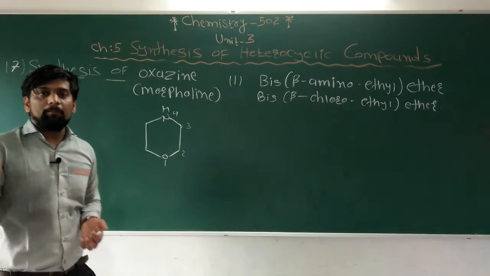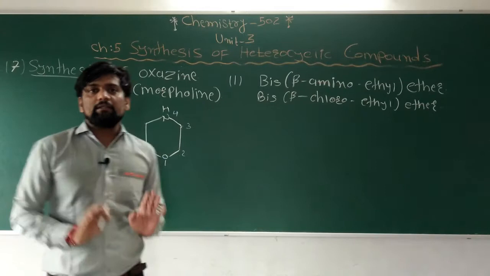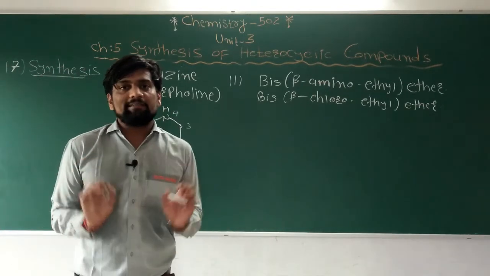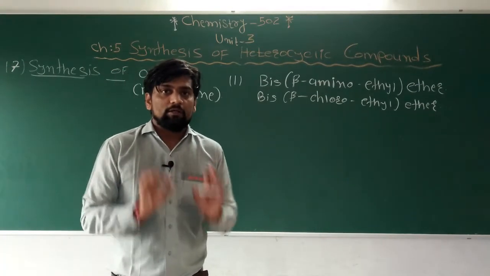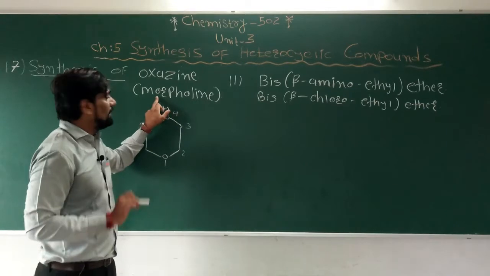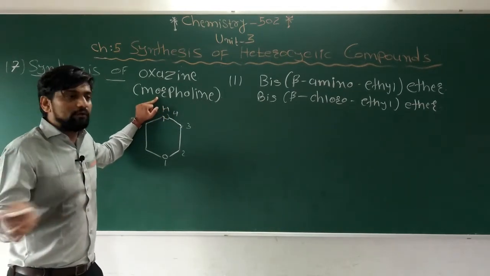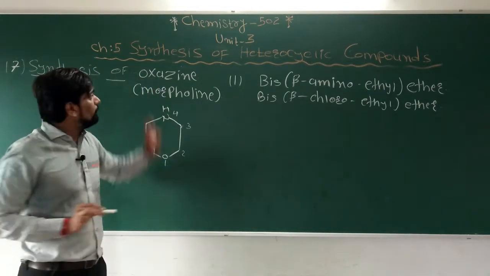1,4-oxazine. It is the most important, used in industry as a solvent, and morpholine is also used in the pharmaceutical industry as an antibiotic and anti-cancer agent. So it is very much used in industry and the pharmaceutical industry as a solvent and as an antibiotic and anti-cancer agent. So this is the use and structure of oxazine.